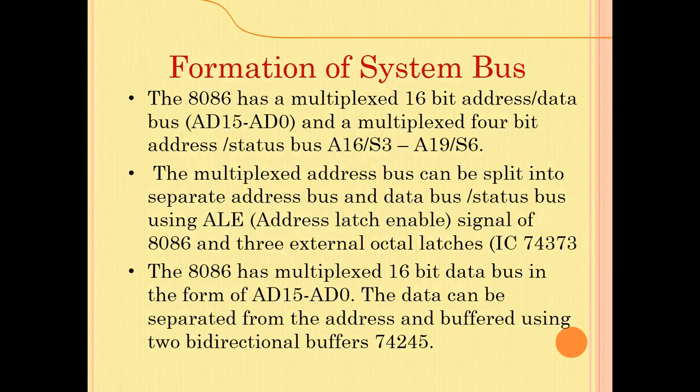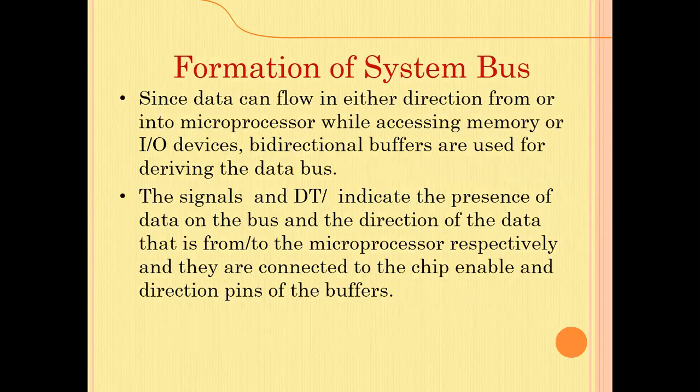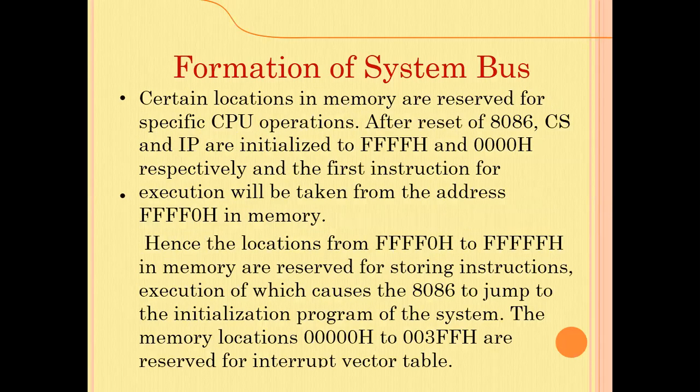After that, you get A0 to A19 address and D0 to D15 data. The data bus will generally be bidirectional, whereas the address bus will be in a single direction, from CPU to the memory or CPU to the IO. Data can go to and fro from the CPU, hence it is generally bidirectional.